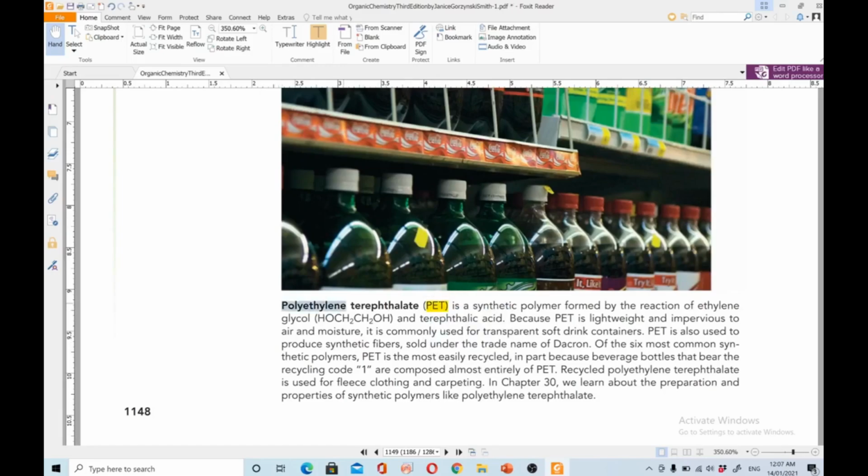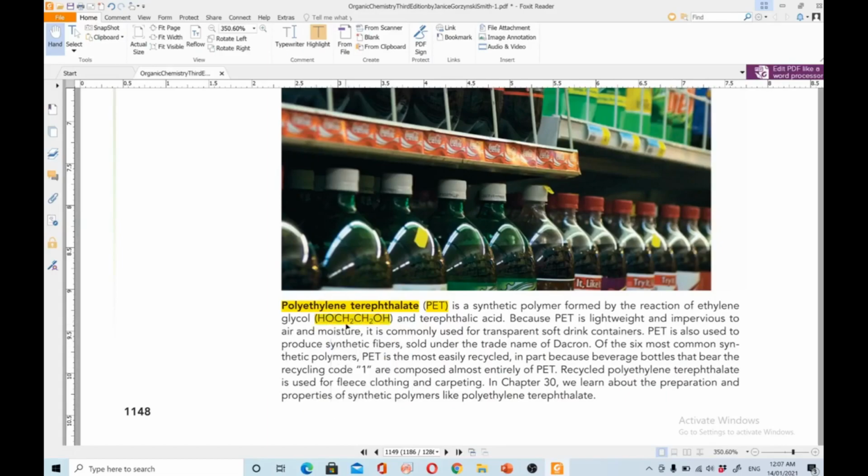PET, an abbreviation of polyethylene terephthalate, is a synthetic polymer formed by the reaction of ethylene glycol, an organic compound with diol functionality.